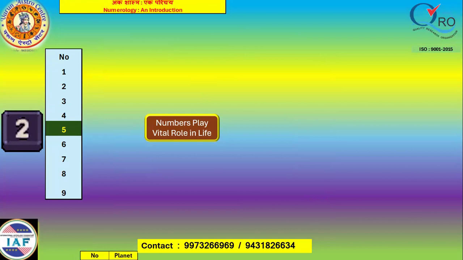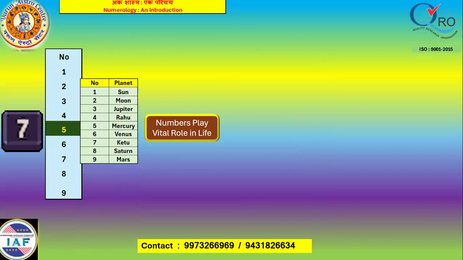Now, each number has a ruling planet. 1 is ruled by Sun, 2 by Moon, 3 by Jupiter, 4 by Rahu, 5 by Mercury, 6 by Venus, 7 by Ketu, 8 by Saturn, 9 by Mars.